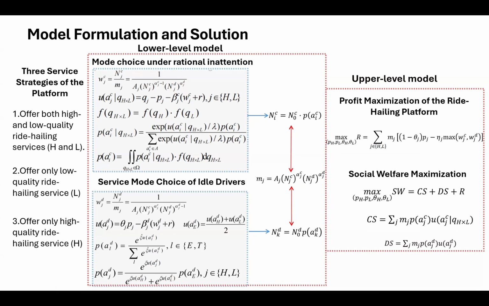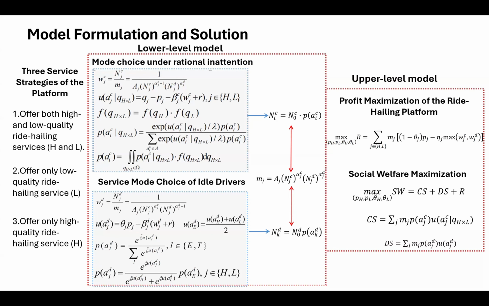We then employ a general multinomial logit model to determine the conditional choice probability of selecting a service under the composite perception state H and L. Lastly, we derive the unconditional choice probability by integrating over all possible perception states. From this formulation, we can determine the passenger side demand for each service type.